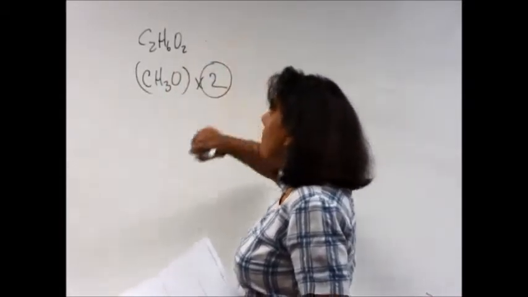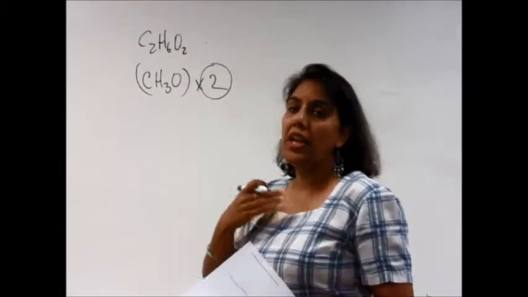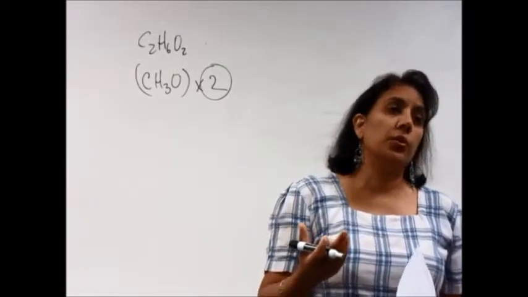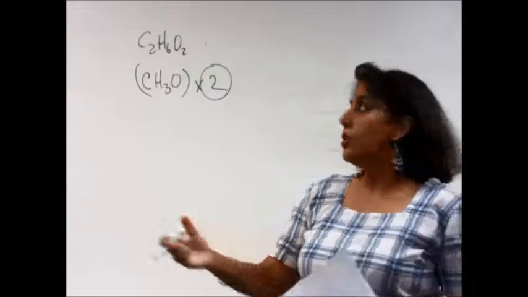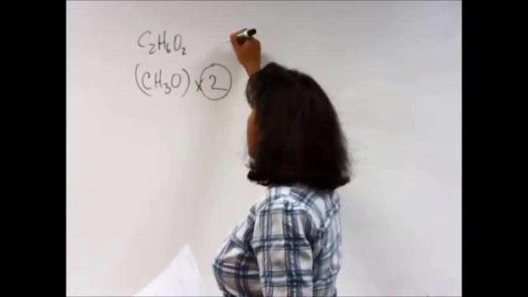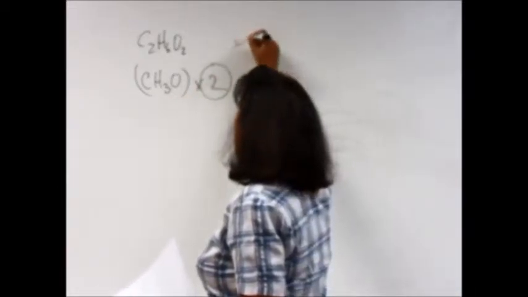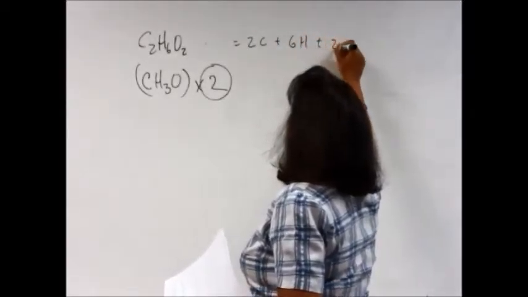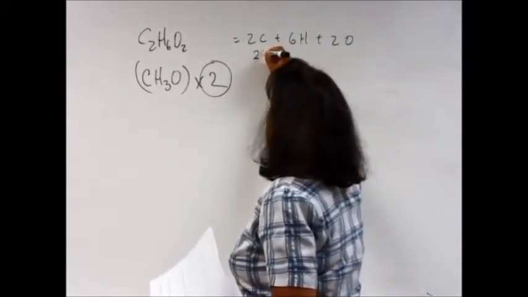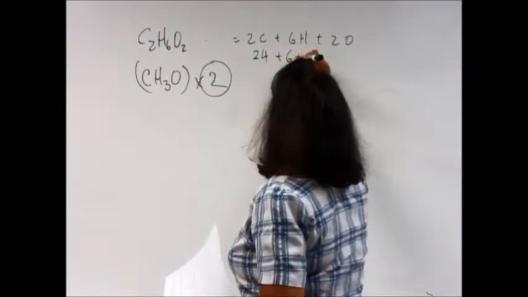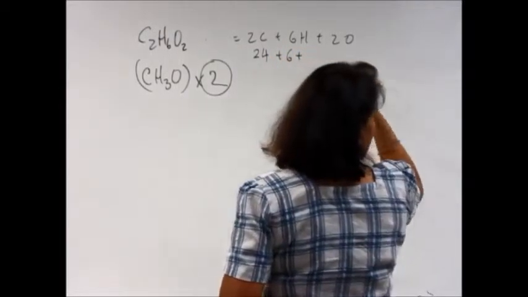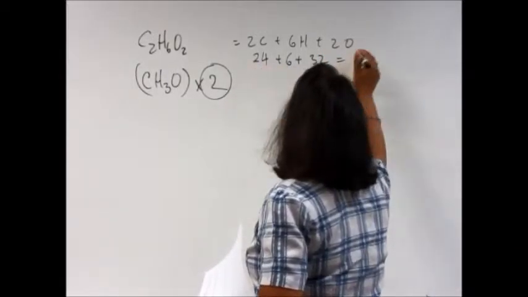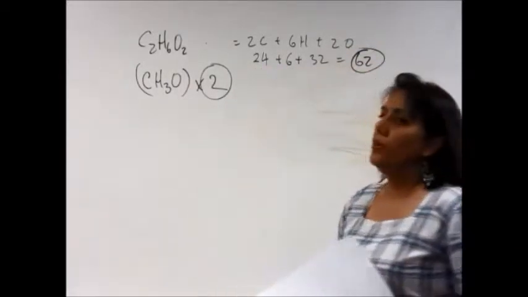Well, you'll have to get the mass of this. I will have to give you the mass of something over here, otherwise you wouldn't know how to do this. So once you have the empirical formula, I say, okay, what is the mass of the compound? 2 times carbon plus 6 hydrogen plus 2 oxygen, which is about 24 plus 6, and oxygen is 16, so that's 32, so 62.